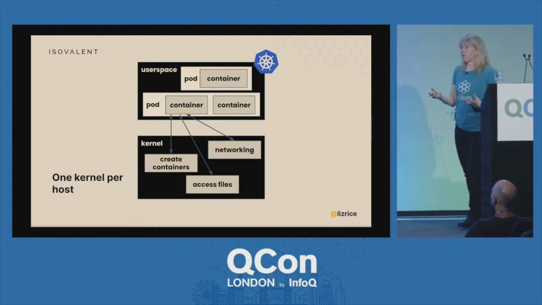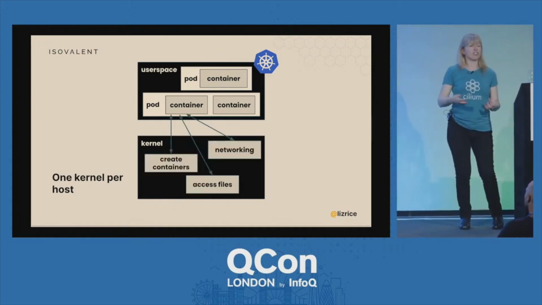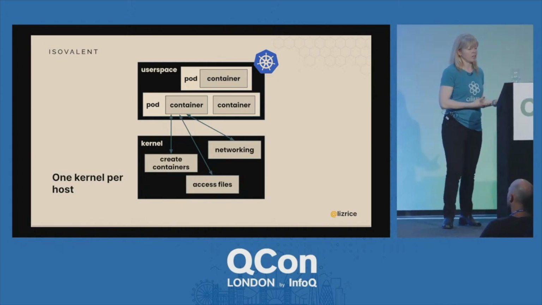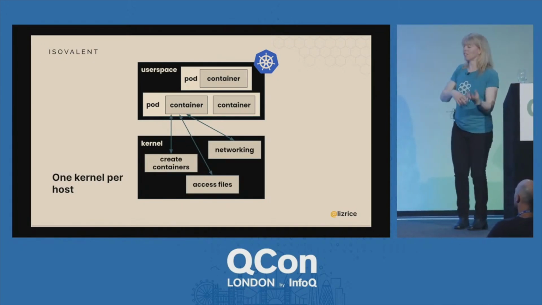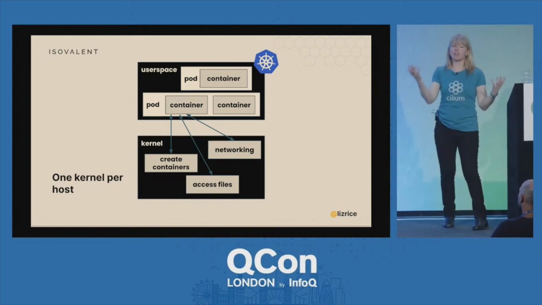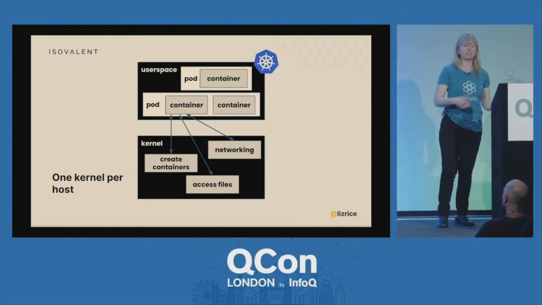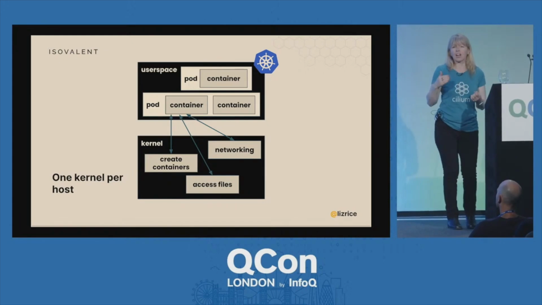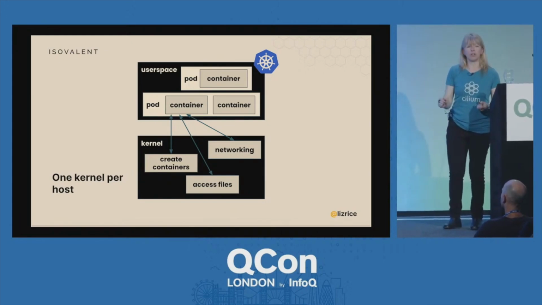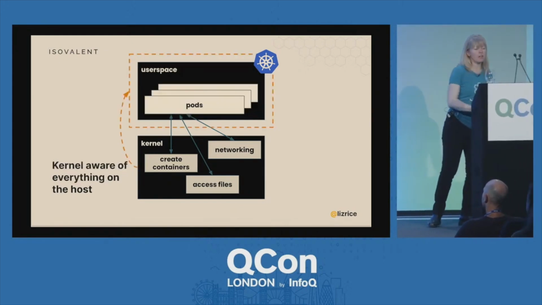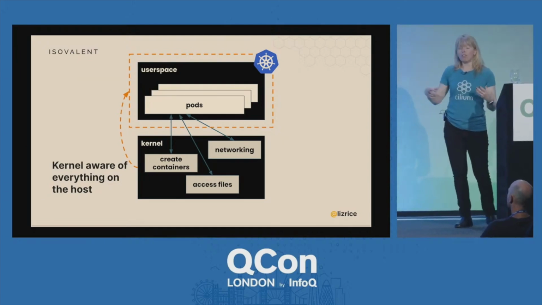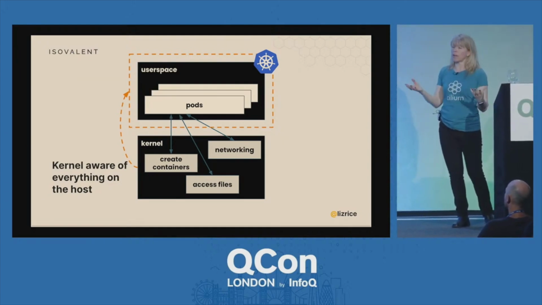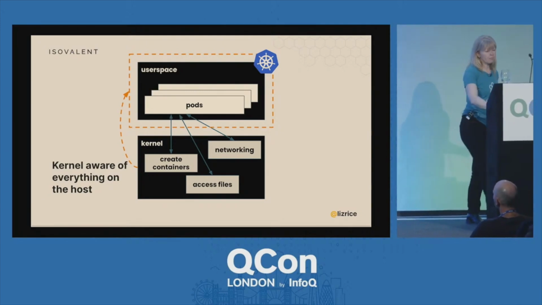So whenever our applications in their containers are doing interesting things like networking or accessing files or allocating memory, or whenever Kubernetes is creating new containers for new pods, that kernel on that host is involved. So the kernel is aware of everything that's happening in all our applications and all our pods.